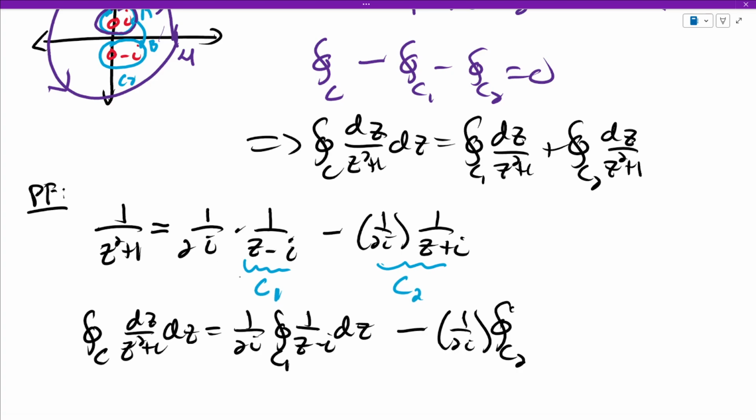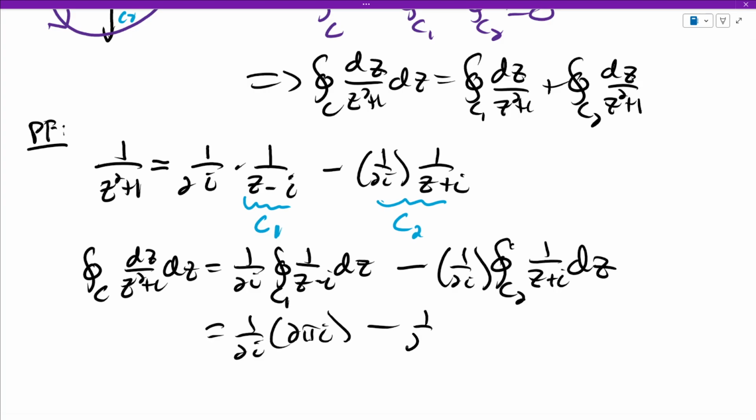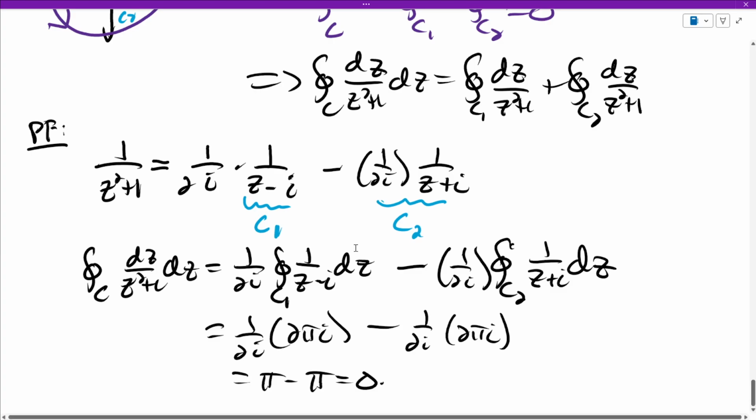The first part is now 0 because this function is analytic inside C2, so we just have to care about this second guy. And each one of these is 2 pi i. One over 2i times 2 pi i, and so we get pi minus pi, which happens to be 0 in this case. It's not always going to be 0, but it happened to be 0 in this case.